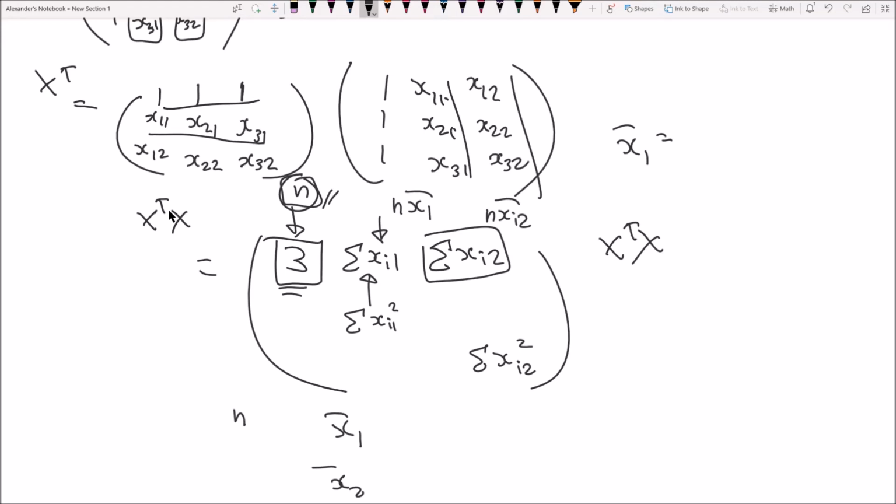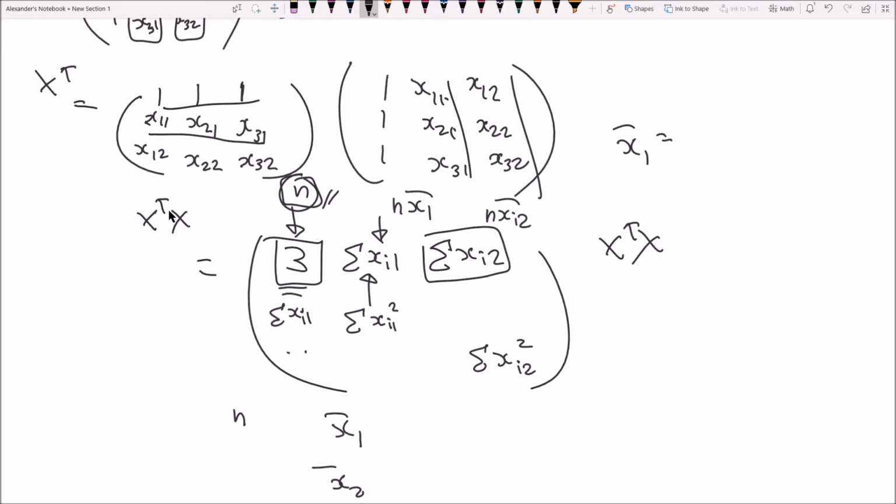And we can see that this matrix is going to be a symmetric matrix, because these entries are going to be the same as these ones over here. Let me just show you why. So row 2, column 1 is going to be x11 times 1 plus x21 times 1 plus x31 times 1, which is exactly the same as this over here.